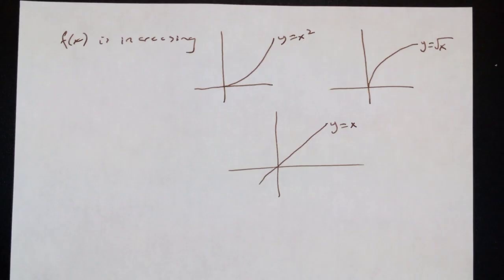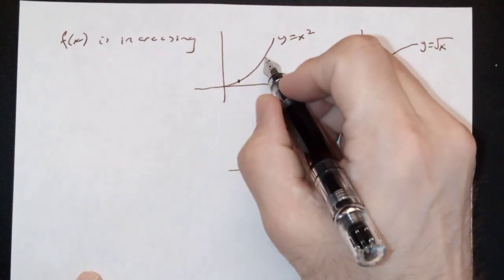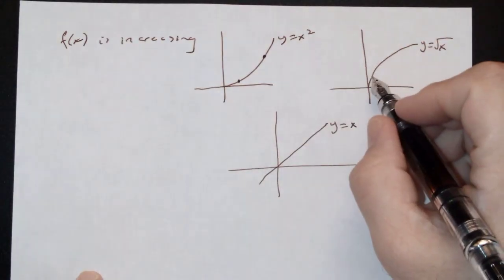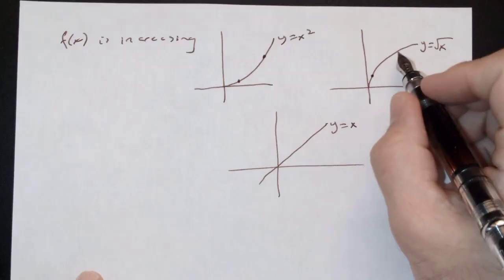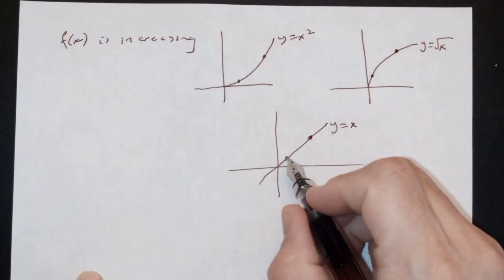Pick any 2 points on each of these three and draw me a tangent line at each of the points you pick. So in x squared, I'll pick 1 point over here and 1 point over here. And same thing with the root x. I'll pick 1 point over here and 1 point over here, and same thing with x.